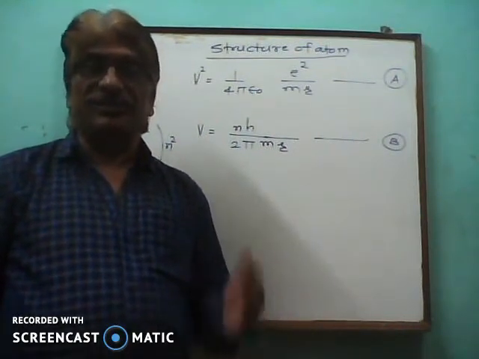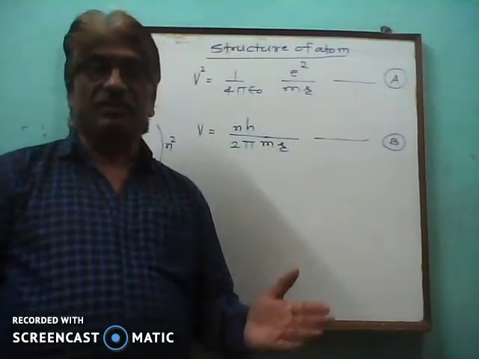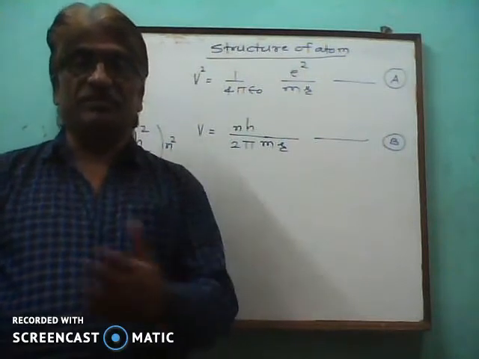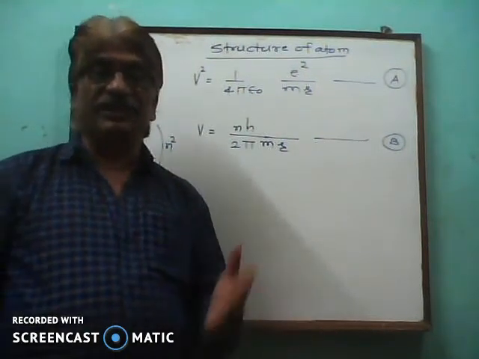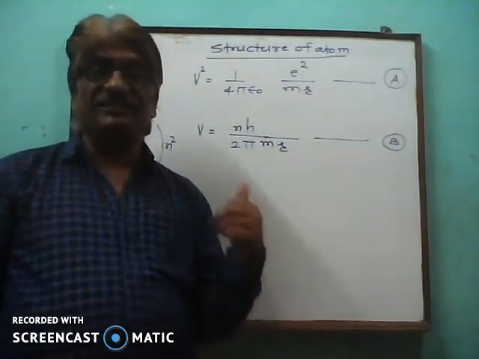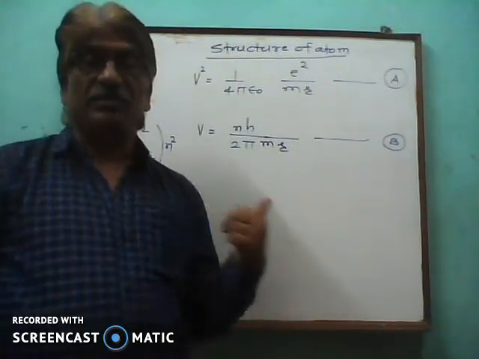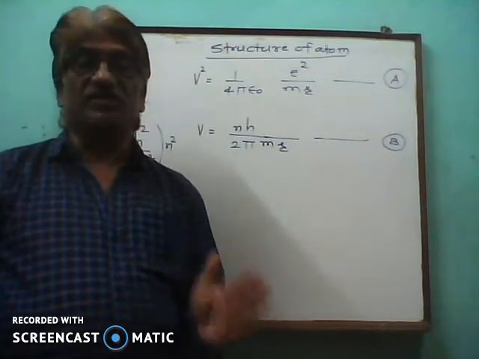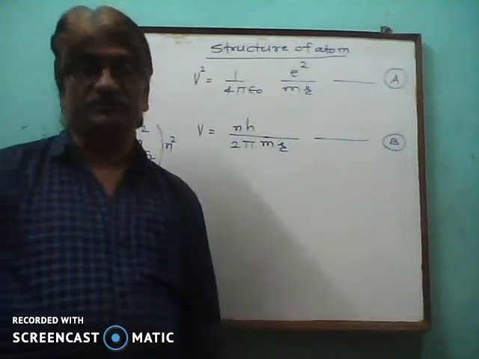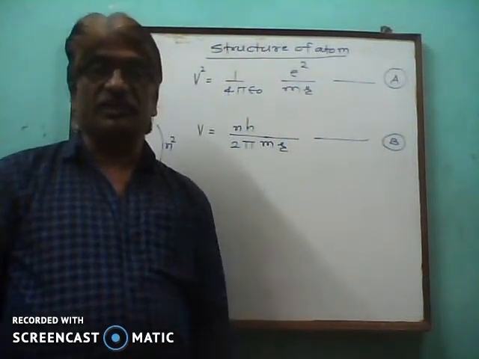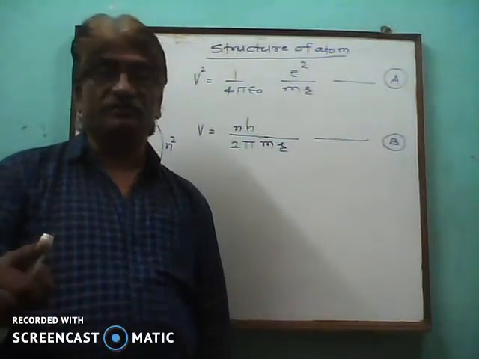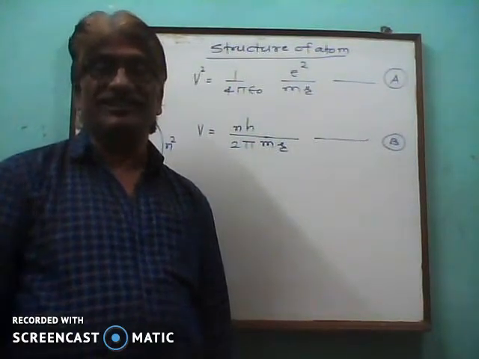Let us consider m is the mass of electron, r is the radius of orbit, v is the linear velocity of electron, plus e is the charge on nucleus, minus e is the charge of electron. From the first postulate, for circular motion, centripetal force is necessary.